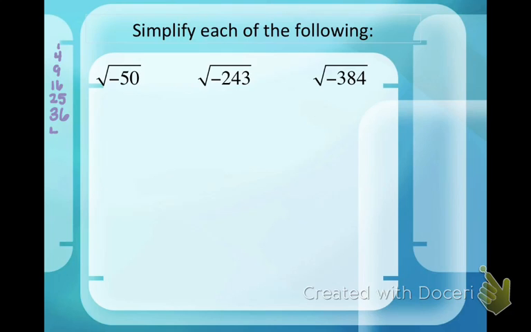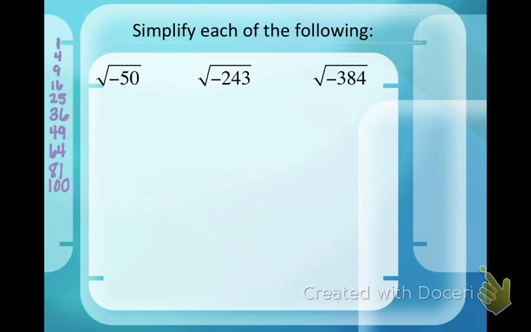So let's just list these out so we have something to look at. We'll go up to 100, 9 squared, 10 squared. We are looking for the biggest perfect square that goes into 50. Make sure you're not working from the top of the list down, because that's what several of you are doing.